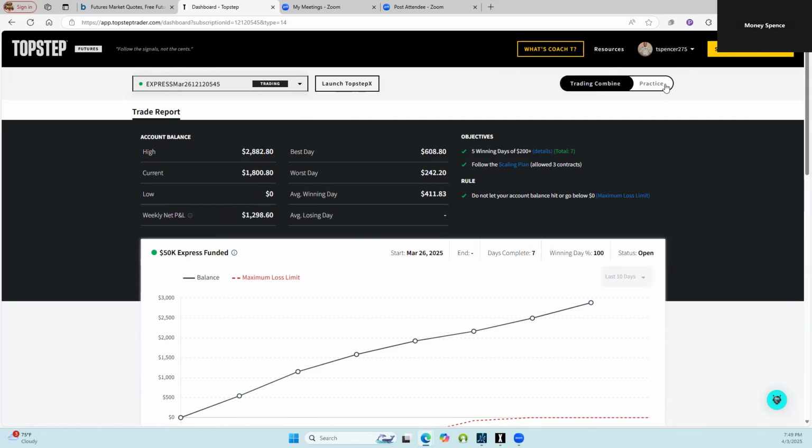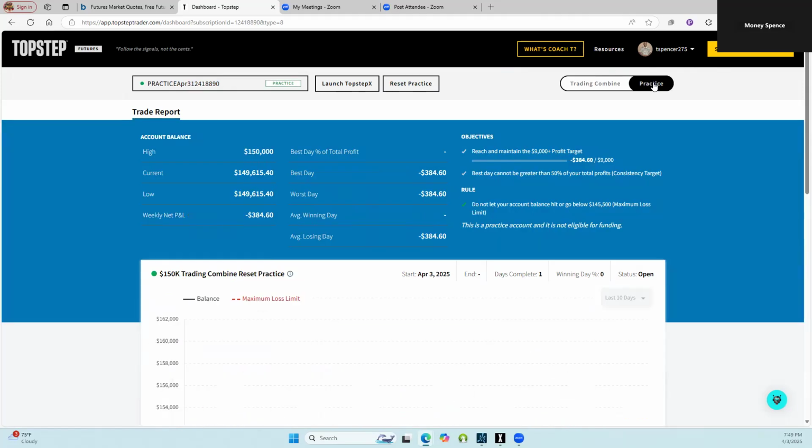With Top Step, you have an option to trade in a practice account. You don't have to always trade in your combine account starting off. You can pay $49 for your combine account, and then you can activate the practice account and practice in your practice account first before you start trading in your combine account.